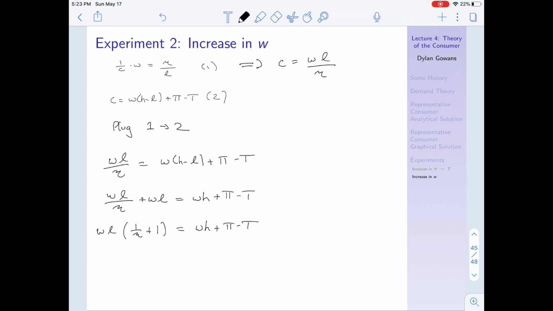And then we can solve for L. Over eta. Great, so that's our solution for leisure. I'm going to copy it and bring it to the next slide.